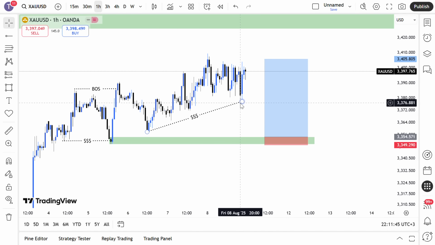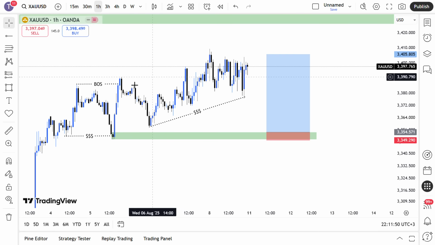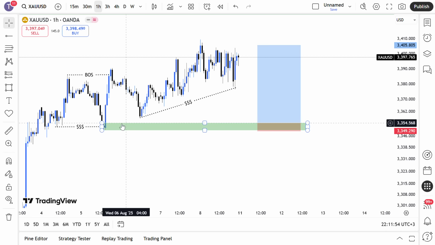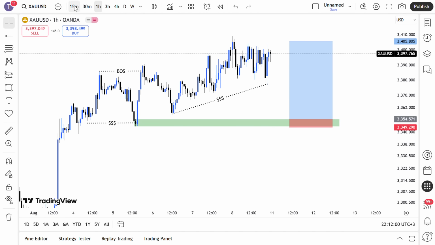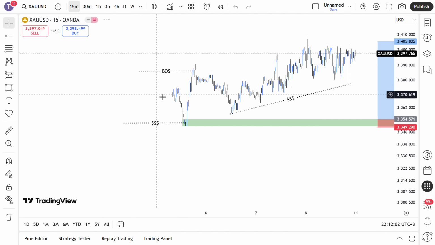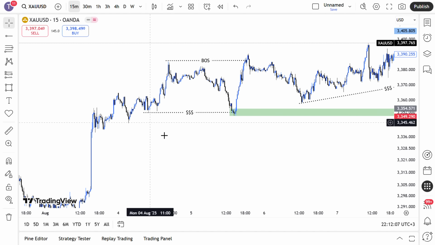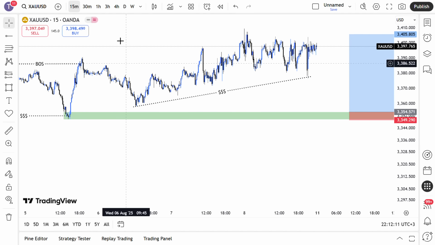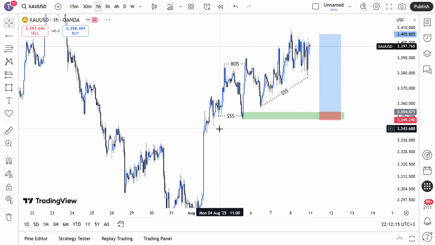And after the break of structure to the upside, there was no sweep of liquidity. So that is why we marked this order block that swept the liquidity and then broke structure to the upside. If I drop into the 15 minutes time frame, you can see the sweep of liquidity that the market did on this side. So that is the general overview of gold and what I expect from gold.